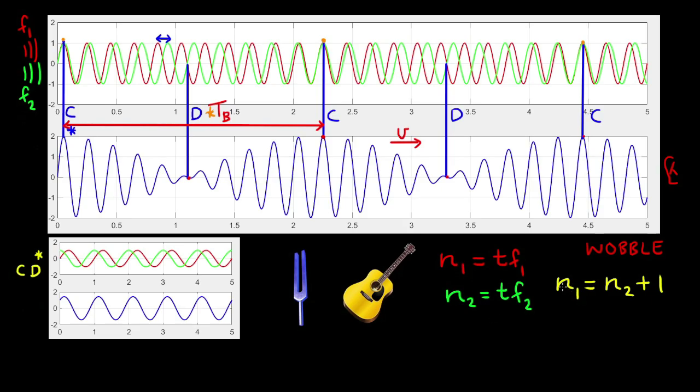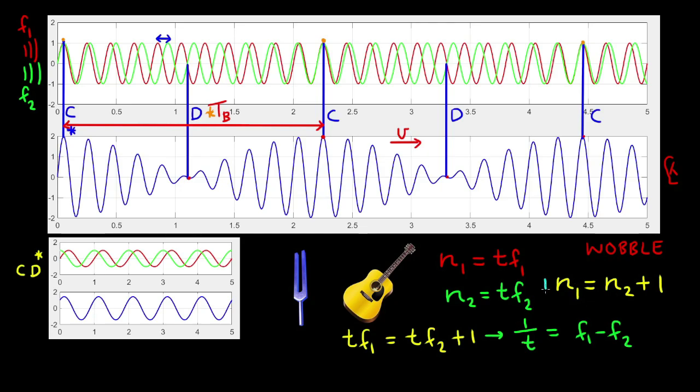And now we can substitute for N1 and N2, so we get t F1 is t F2 plus 1, and then dividing through by time t, and subtracting F2 from both sides, we get 1 on t is equal to F1 minus F2.